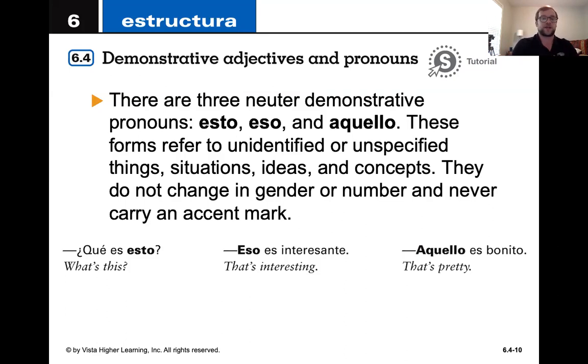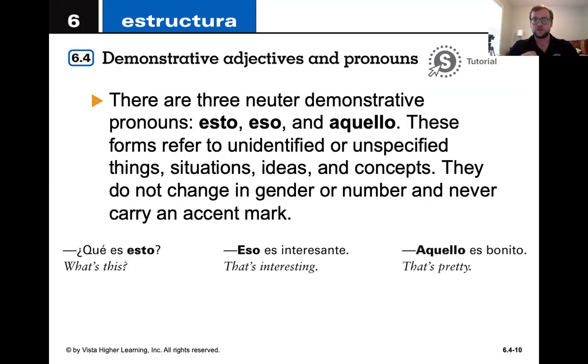We're not gendering anything. We're not specifying or identifying a noun. So we use this neuter, meaning no gender. Bien. And then we also have aquello. Aquello es bonito.